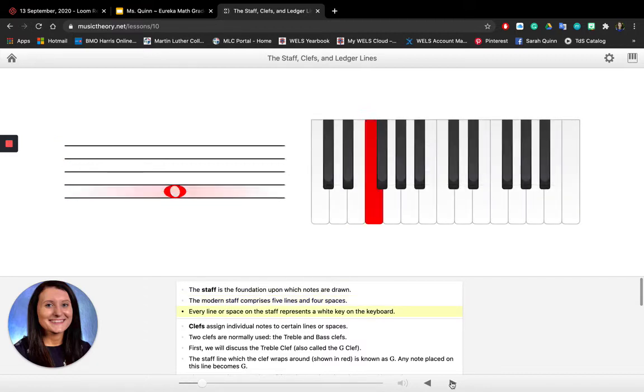Every line or space on the staff represents a white key on the keyboard. So we see that as the note goes from a line to a space to a line to a space, it's just going up 1 key on the piano.